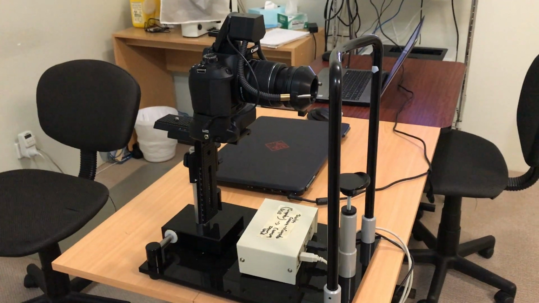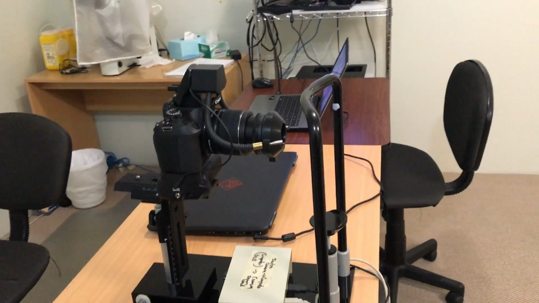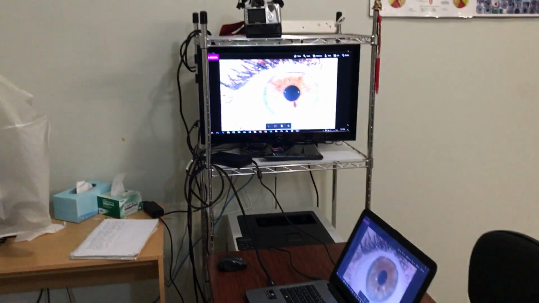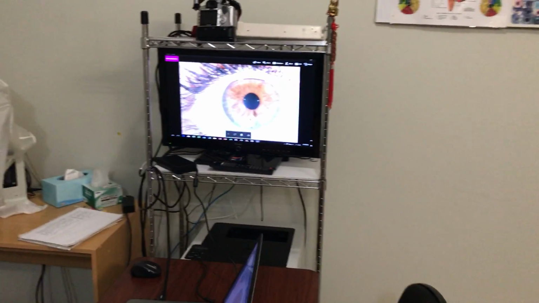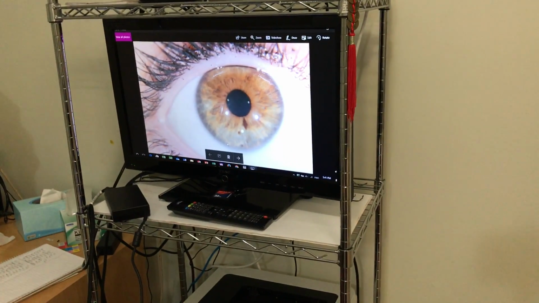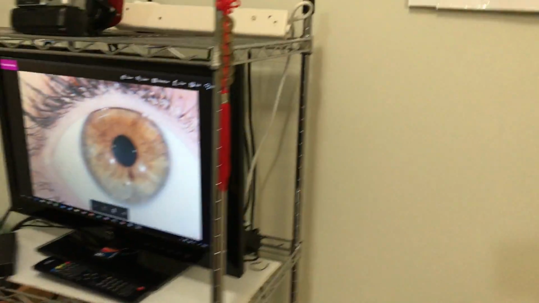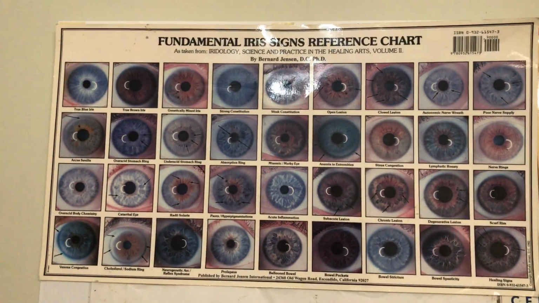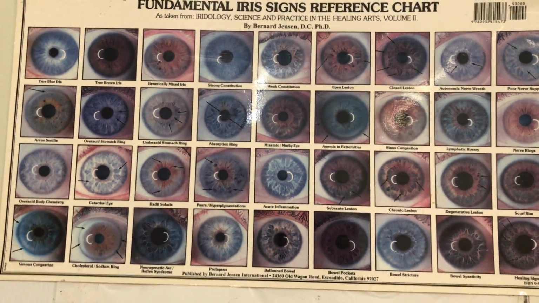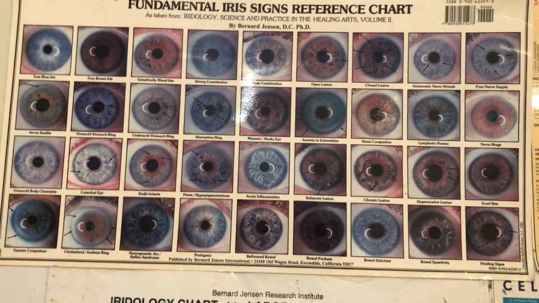And then once the pictures are taken, they're put onto my laptop there, and then I put an extension screen up. So then I can show people what's going on with them, and I discuss and talk about this. Okay? Now sometimes I use this particular chart up here to show and illustrate certain things here, because this has some basic fundamentals there.